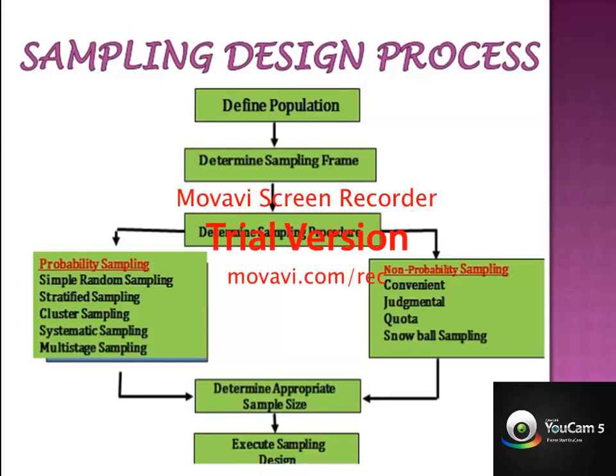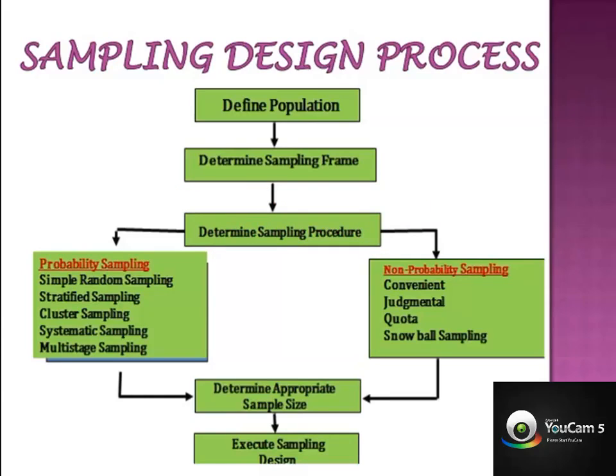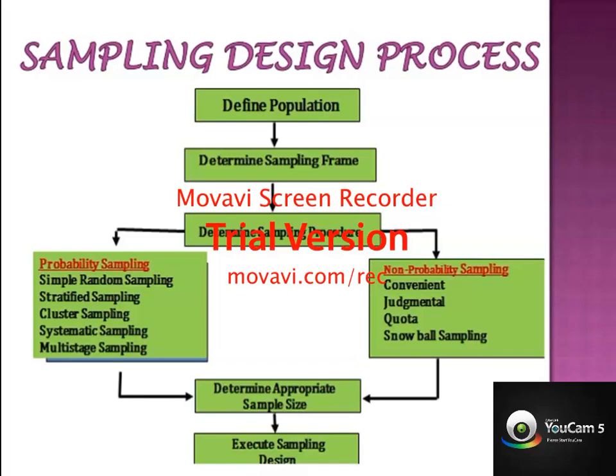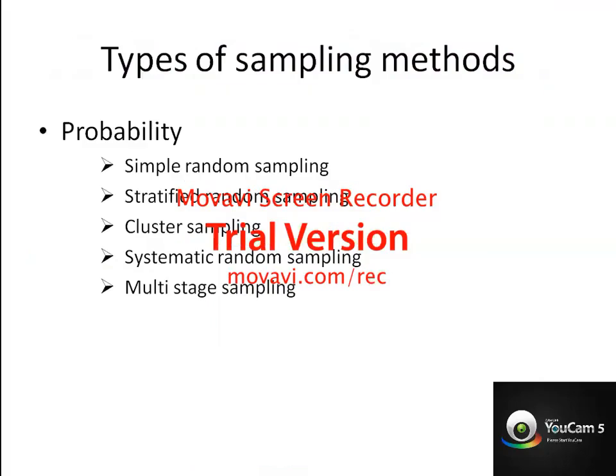You should know the size of the sample and execute the sampling design and find out the samples. So you should define the population, sampling frame, sampling procedure, sample size and sampling design, and then you start collecting samples or selecting samples for your research. This is how the sampling design process happens.